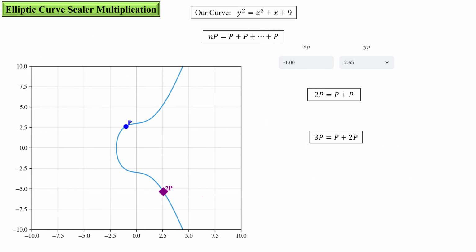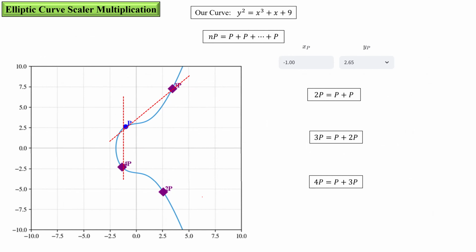To compute the addition, remember that we need to draw a line passing through the 2 points, find the intersection, and reflect the intersection over the x-axis, and then we find the addition, which is 3 times P. Okay, 4 times P means P plus 3P, and to compute P plus 3P, again, you need to draw a line through P and 3P, find the intersection, and reflect over the x-axis, and then you'll see 4 times P at this point.